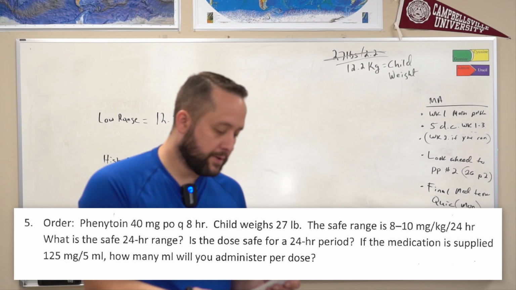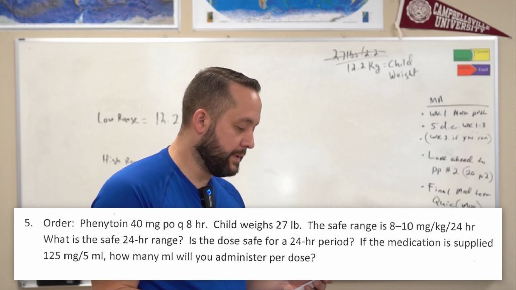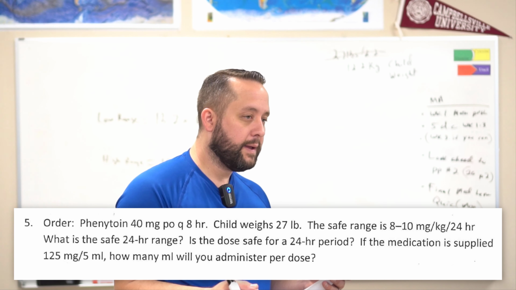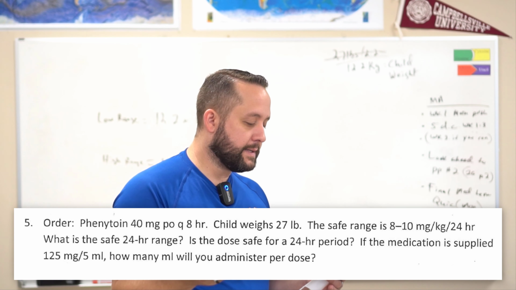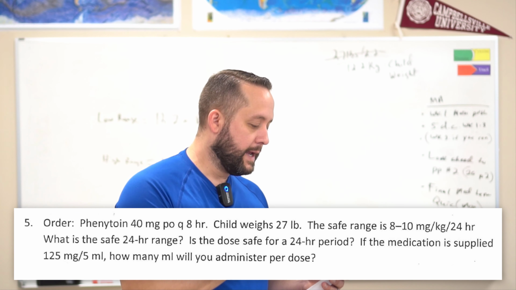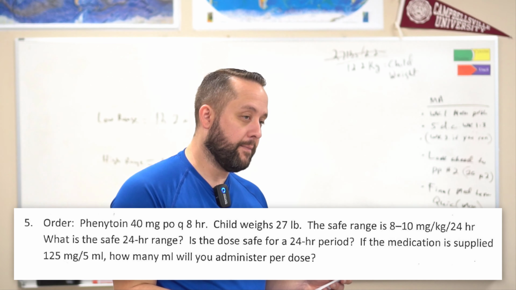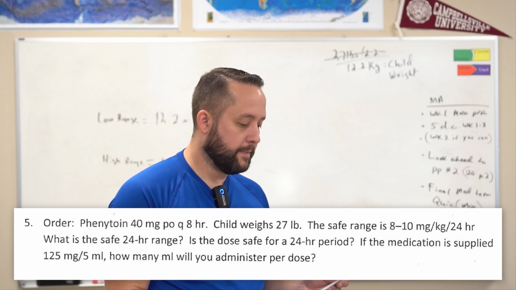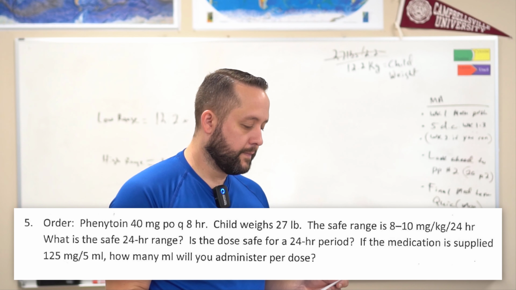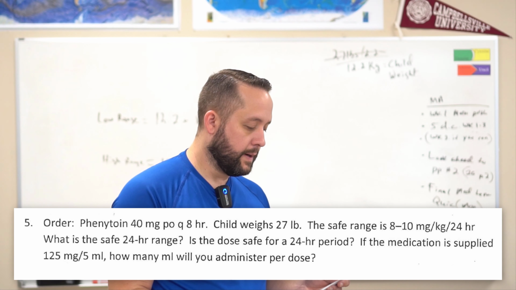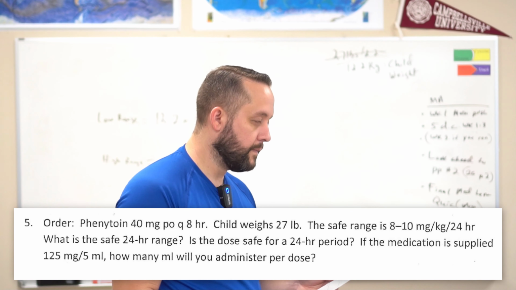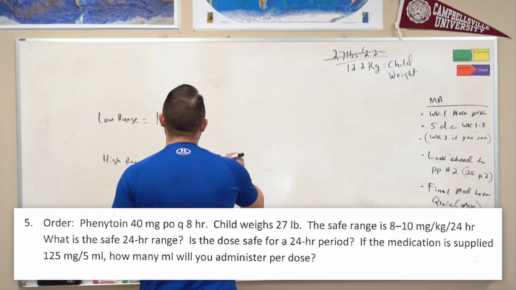So it's asking a bunch of questions. What's the safe range for this child in a 24-hour period? The safe range is 8 to 10 milligrams per kilogram per day, is what he was prescribed safe for him? Does it fall within this safe range? 12.2 times 8 is 97.6, and that would be kilograms, right?